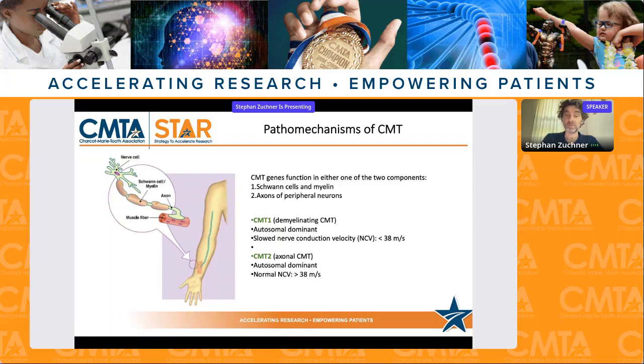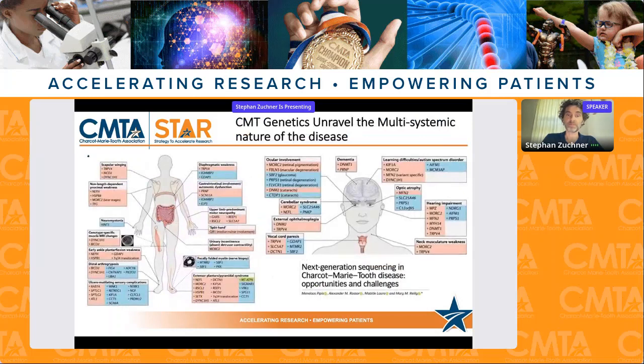For patients, often there is not really a difference. They can look quite similar, these disorders. Over the years, we have also realized CMT is much more than just peripheral nerves that run in your legs getting sick.